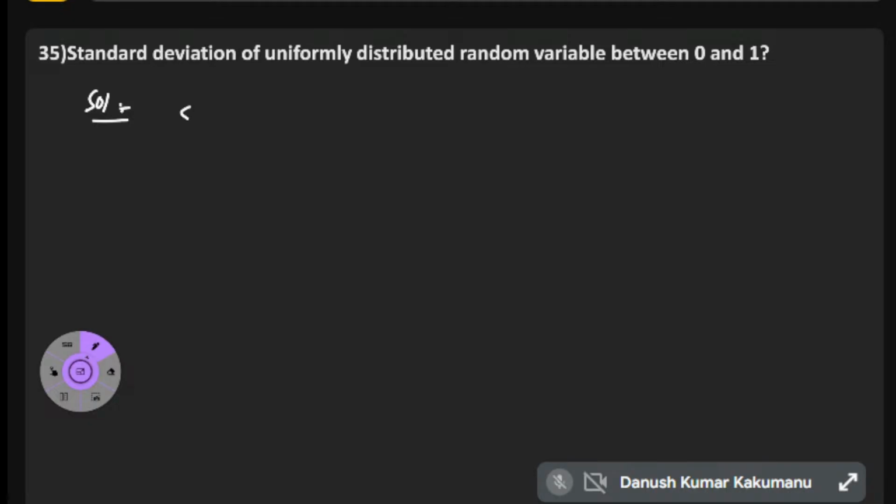What is the standard deviation of the uniform distribution? It is (b minus a) by root 12. Direct answer: (1 minus 0) by root 12. That is also a previous GATE question. 1 by root 12 is the answer.